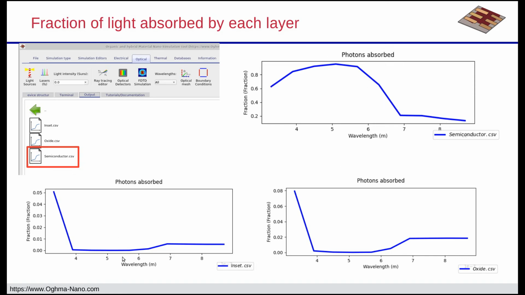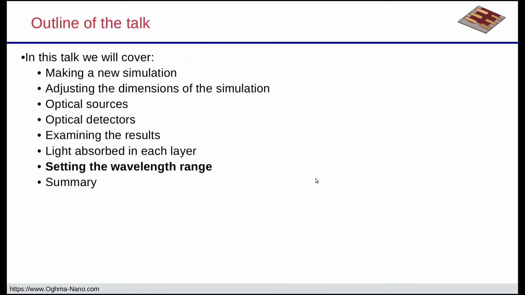For the other layers, we've got the insert, which was the rough surface, and the oxide back part of the simulation, and we're getting less absorbed. So we look at the absorption of the light in each layer.